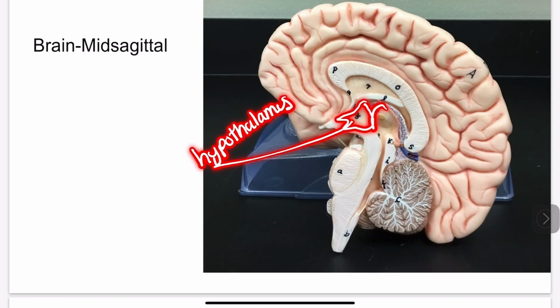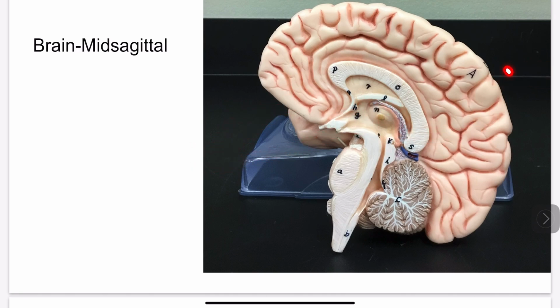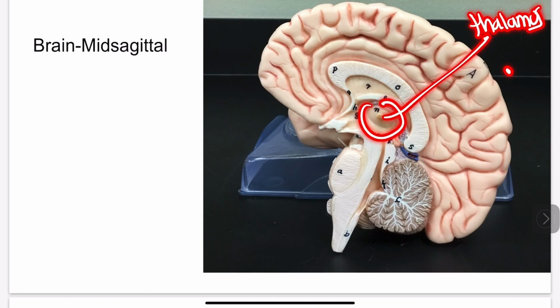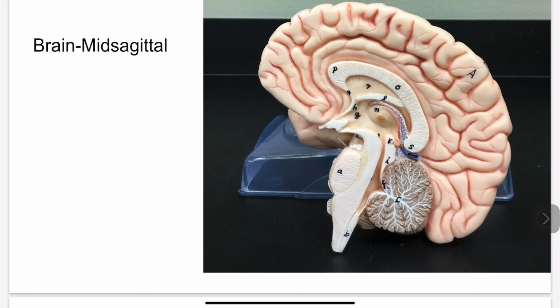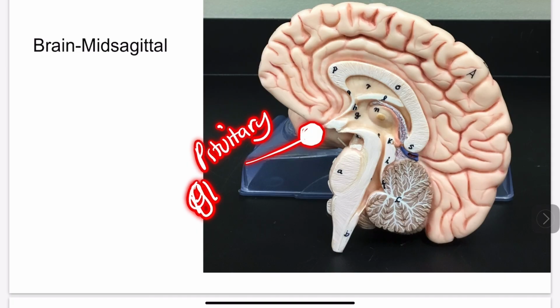And then behind it, right around here, would be your thalamus, this region. And then there's one structure that's missing here, but usually it's like a little ball right here. This is your pituitary gland. Remember, that's responsible for endocrine function.